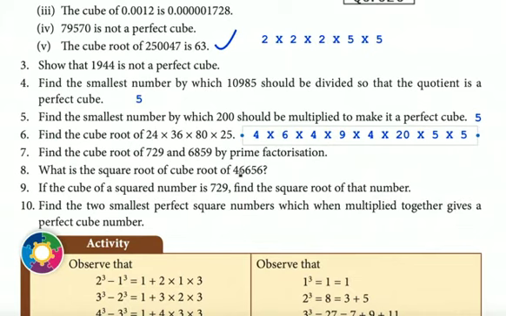So 3 power 6. Cube of a square number: x square, x square, x square, 2 plus 2 plus 2, x power 6. x power 6 is 729, x is 3.